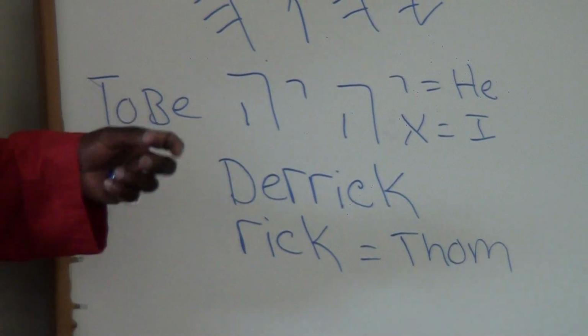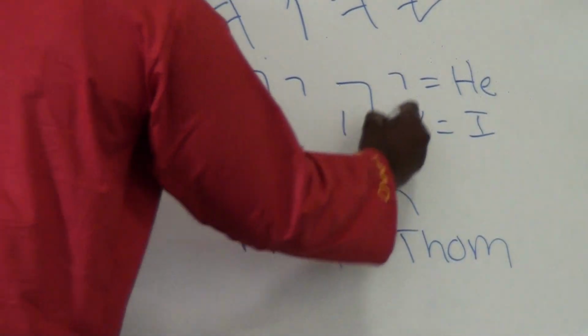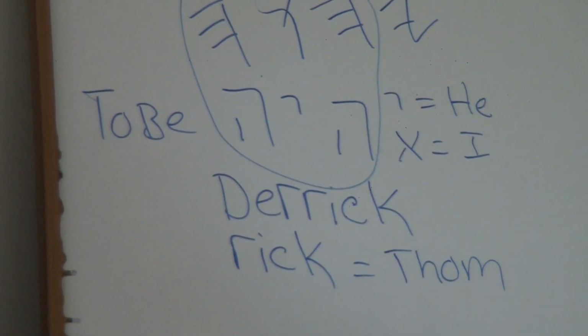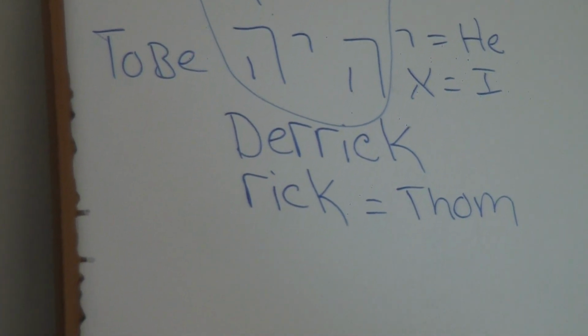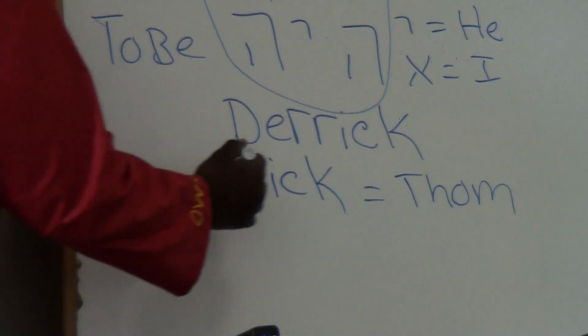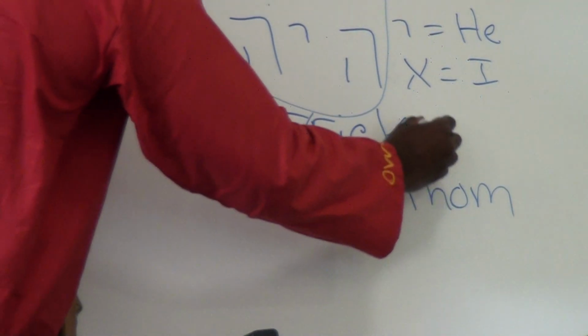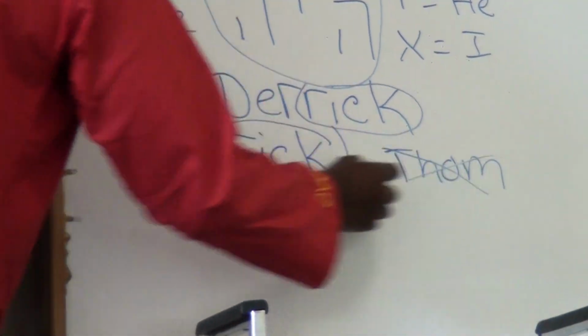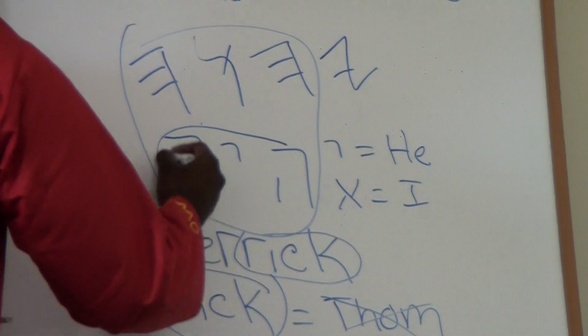This doesn't match this right here. But this is the way that we're led to believe and read definitions. So the root for Derrick is R-I-C-K, not T-H-O-N. It can't be Hayah.